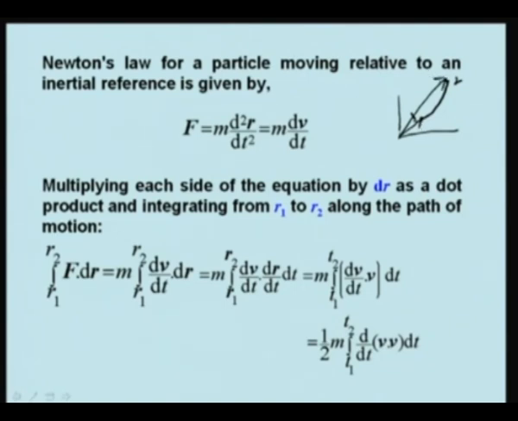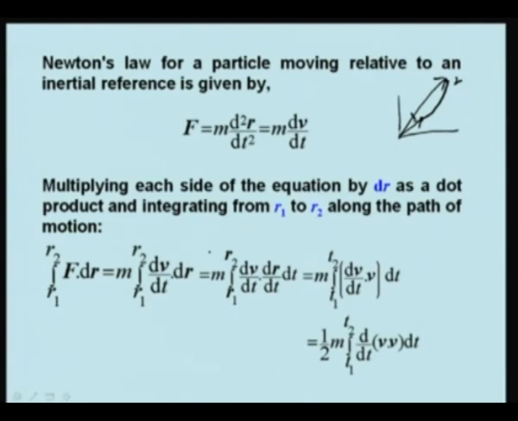We can integrate the dot product of F and dr from r1 to r2, which gives us integral r1 to r2 of F dot dr is equal to m integral r1 to r2 of dv by dt dot dr. I have taken m outside the integral sign, considering mass to be constant.